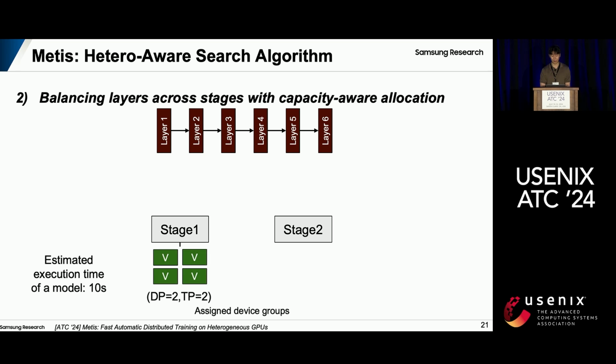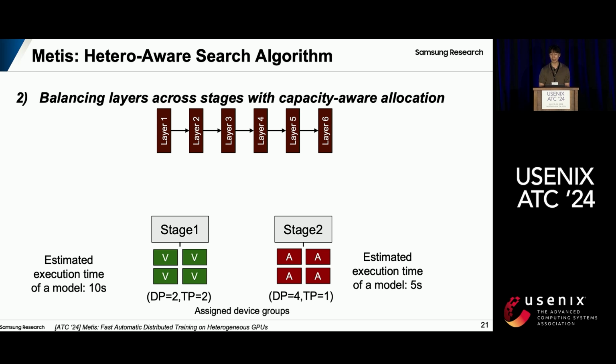For instance, when stage 1 is assigned to the device group with 4 free GPUs, and it has intra-stage parallelism with 2 DP and 2 TP degree, then the estimated time of running a model on stage 1 is 10 seconds. Similarly, stage 2 is estimated to take around 5 seconds to execute the model.